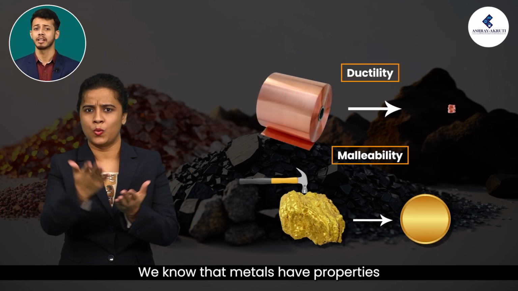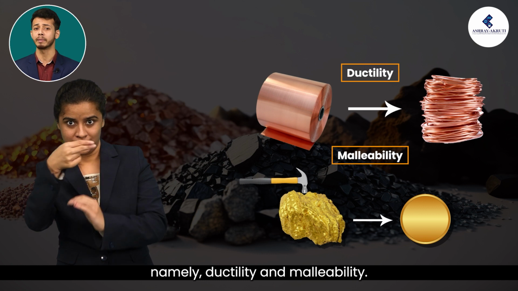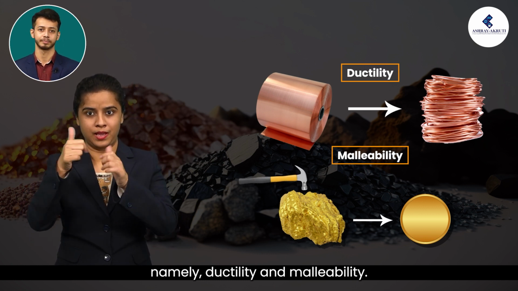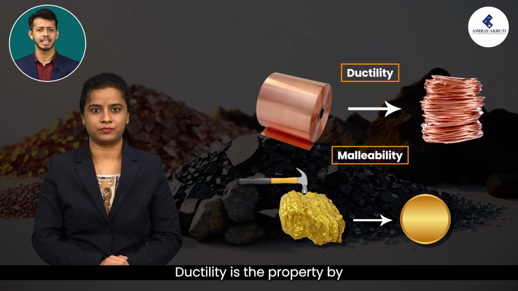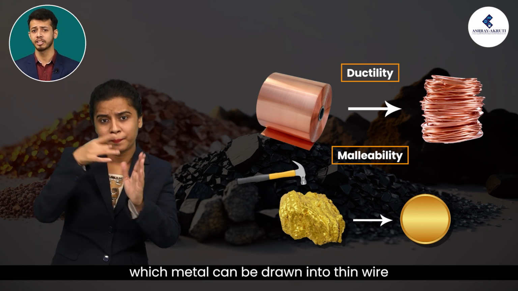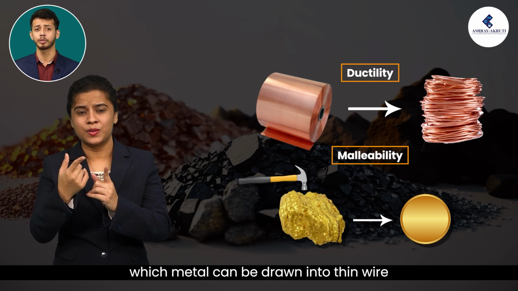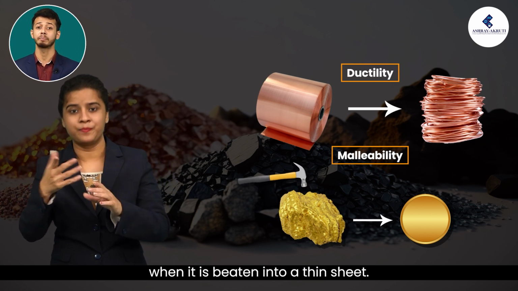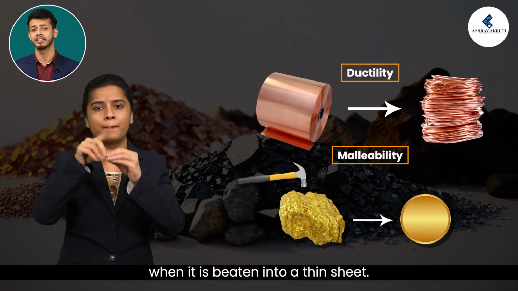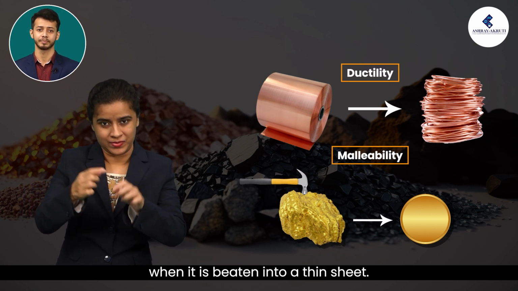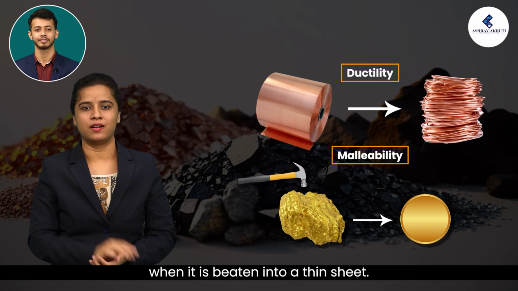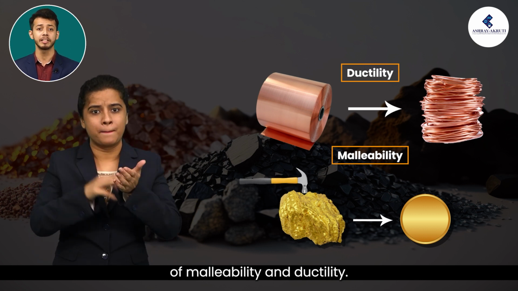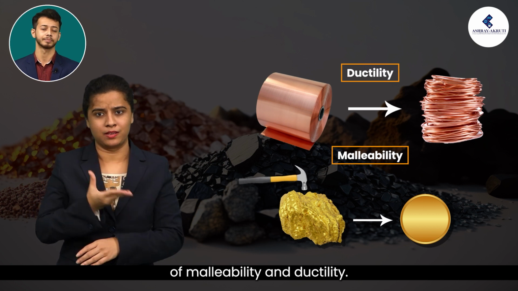We know that metals have properties, namely ductility and malleability. Ductility is a property by which metal can be drawn into thin wire, and metal is called malleable when it is beaten into a thin sheet. Non-metal does not have the property of malleability and ductility.